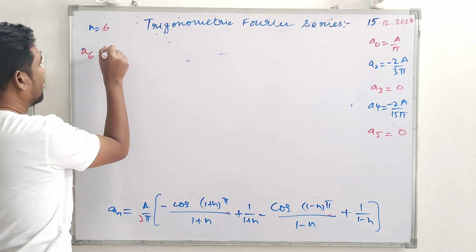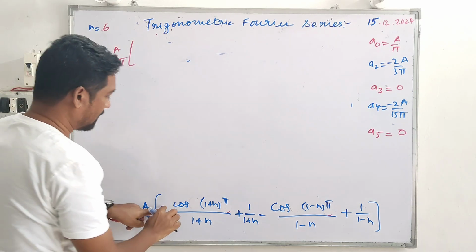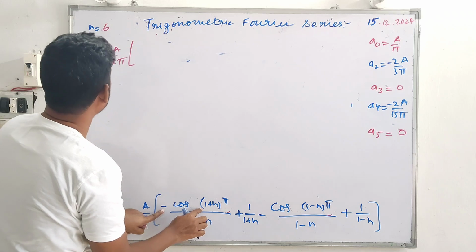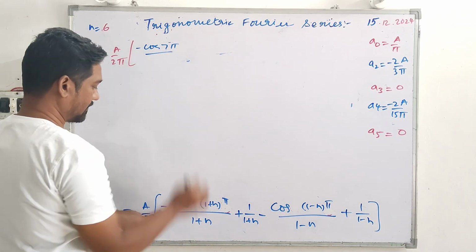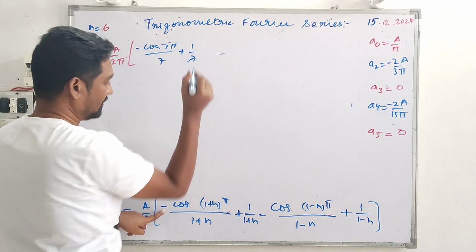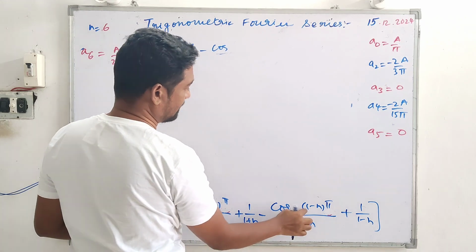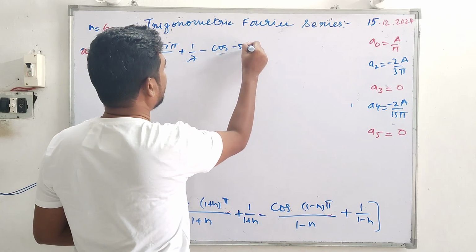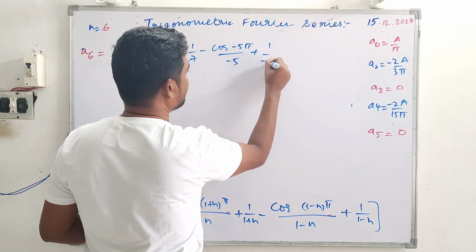A6 will be A by 2 pi, minus cos 7 pi by 1 plus 6, it's 7, plus 1 by 7, minus cos of 1 minus 6, in the sense minus 5 pi by 1 minus 6, minus 5, plus 1 by minus 5.